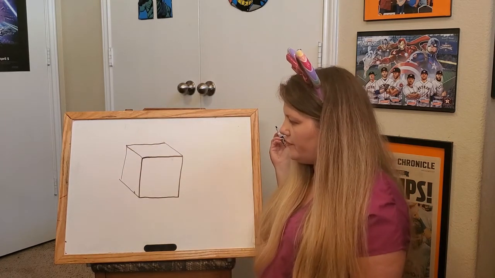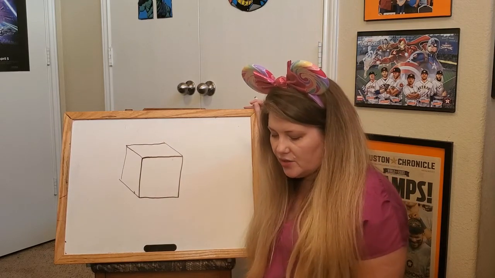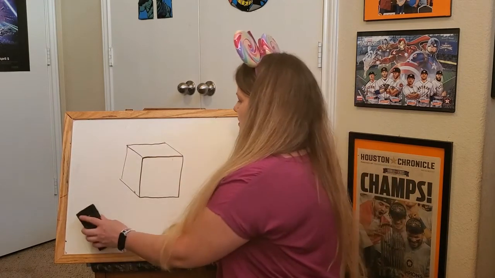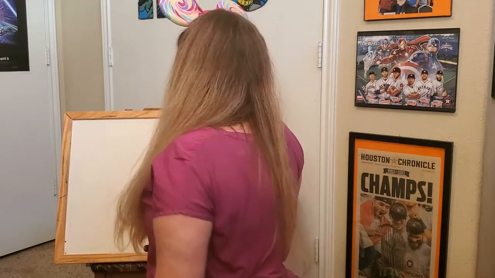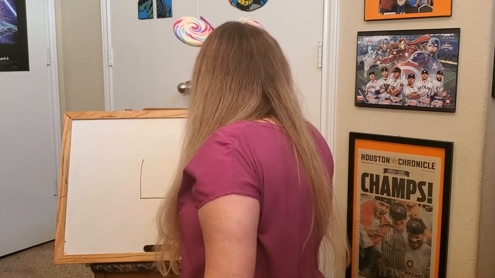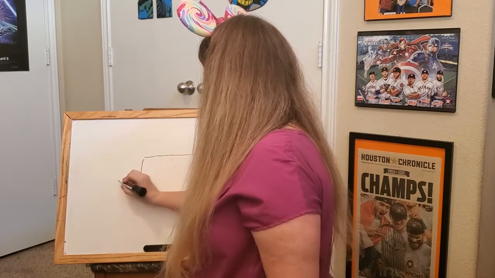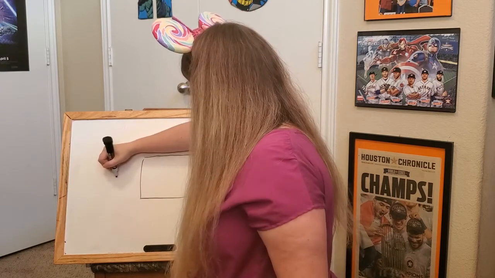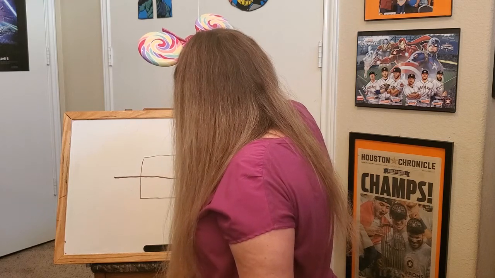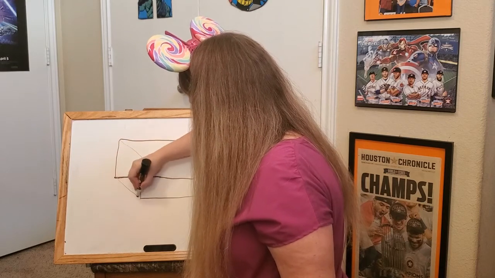And there you go. Now you can take this basic idea and also draw a rectangular prism or a triangular prism. So if I want to make a rectangle, I can draw a rectangle like that. I can draw the other rectangle and connect all those corners.